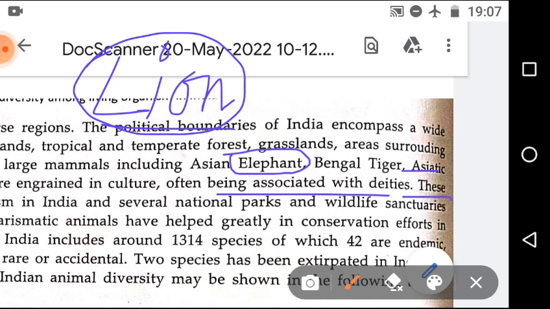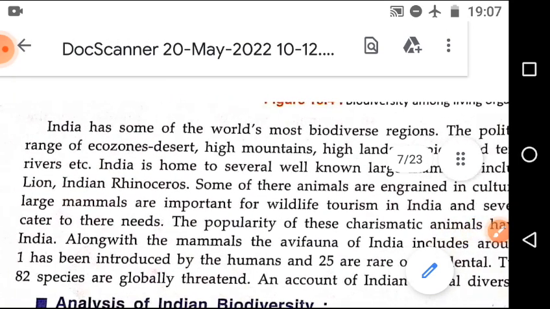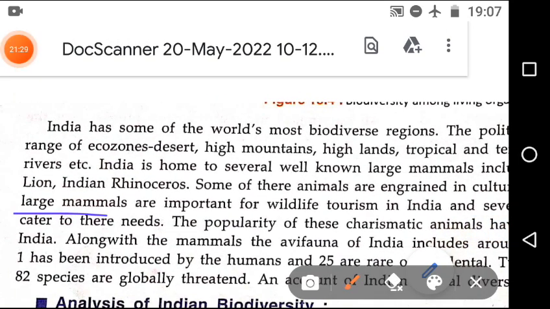It is also saying that these large mammals that we have mentioned, like the Indian rhinoceros, Asiatic lion, Bengal tiger, and Asiatic elephant, are important for wildlife tourism in India. Most of the tourists in India come to look at these mammals, and they study these mammals.